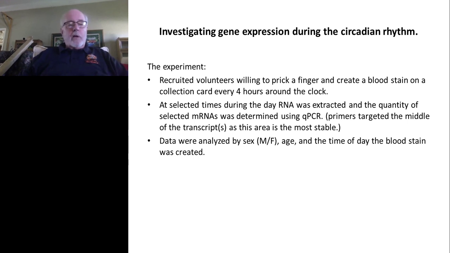So we got all this data, we analyzed it by sex, whether it's male or female, and also by age in 10-year increments from 20 to 60 years of age.